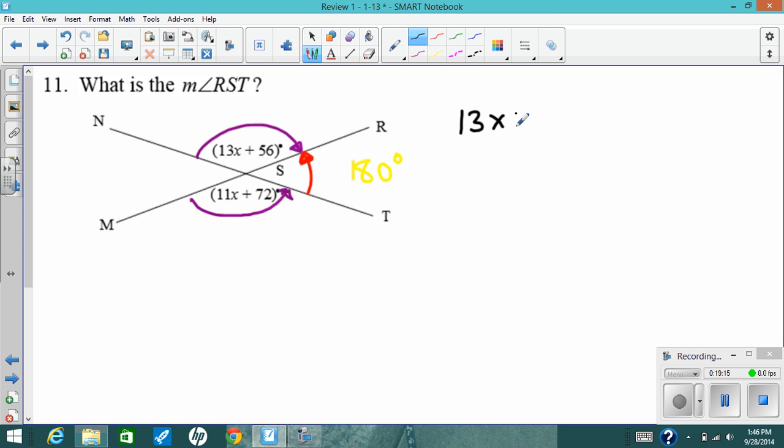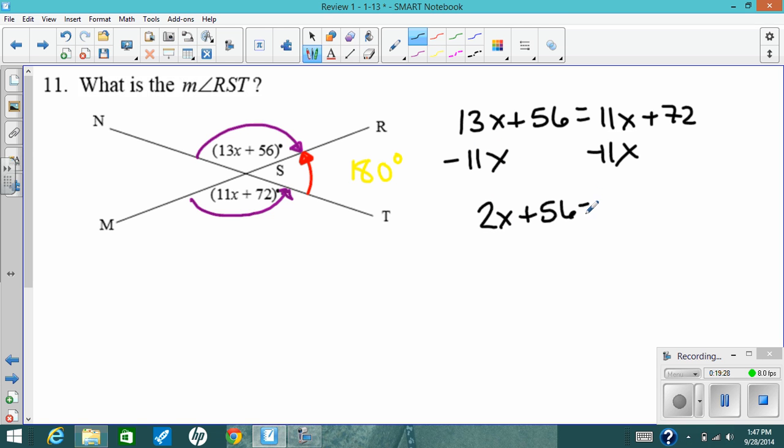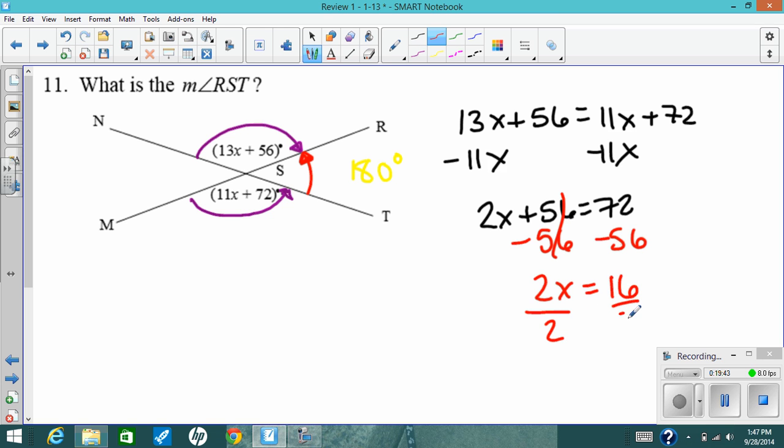Two things are congruent, that means they are equal. So x is equal to 8. I'm definitely not done. Let's find out how big angle NSR is.